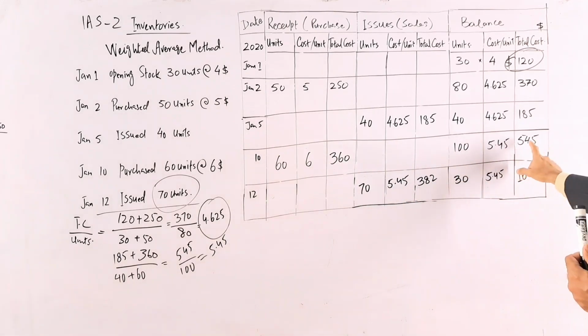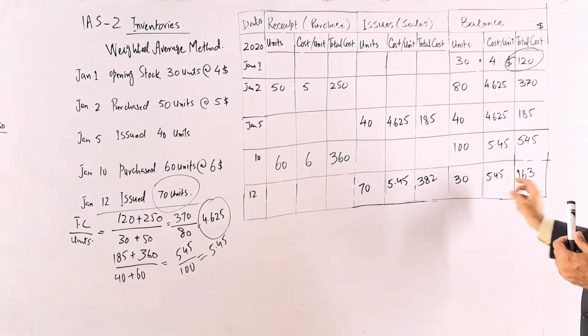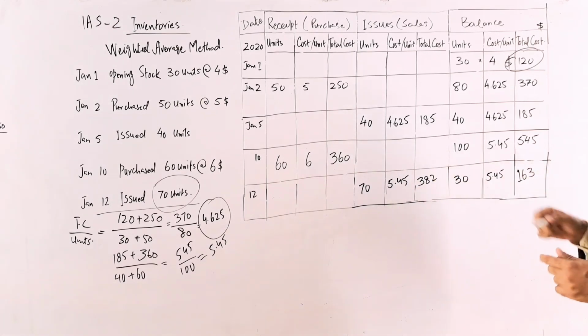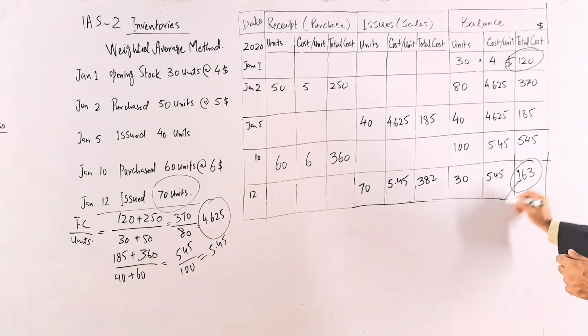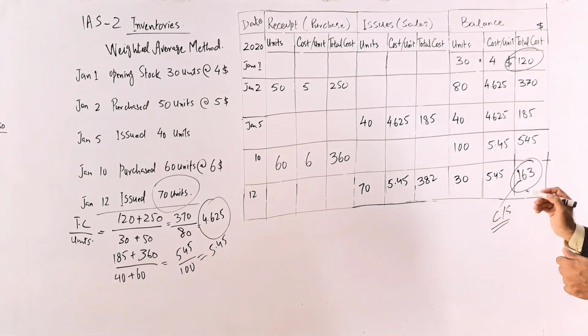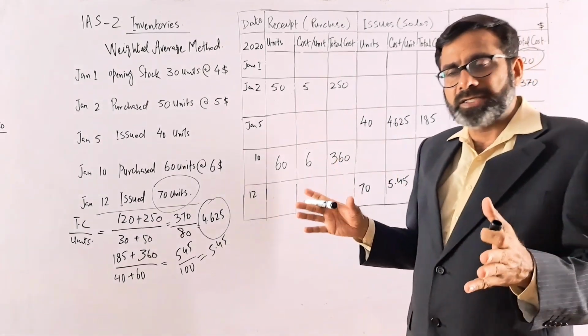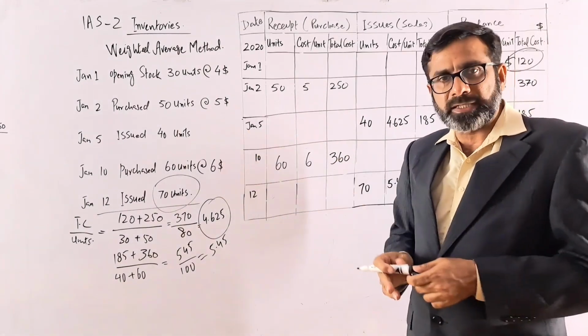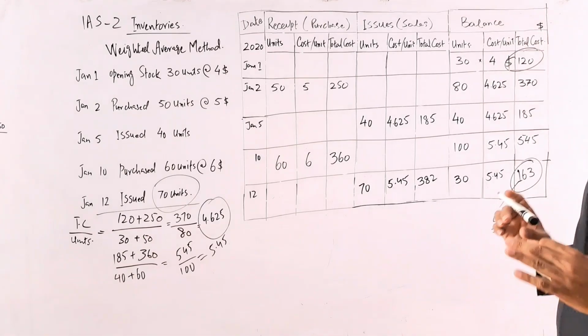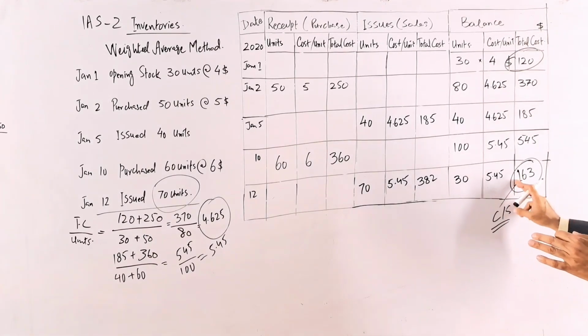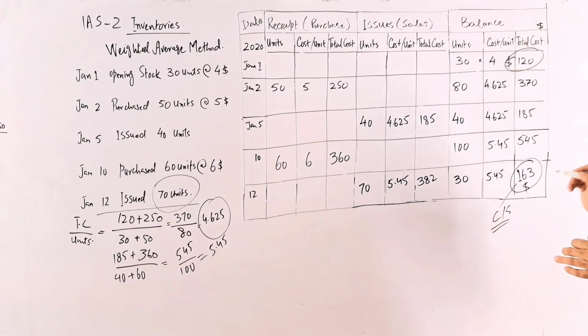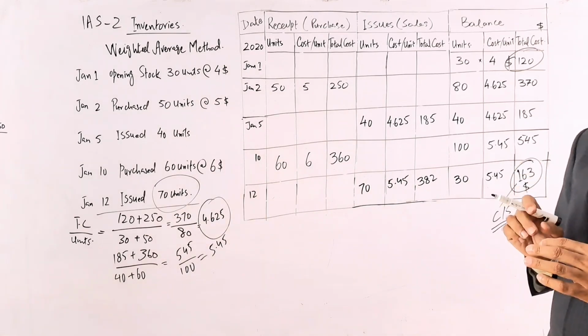So the balance from 545 minus 382 is almost $163. This is the closing stock value at the end of this transaction. We have 5 or 6 transactions, and after all of them, at the end date, we have $163 as the value of the closing stock.